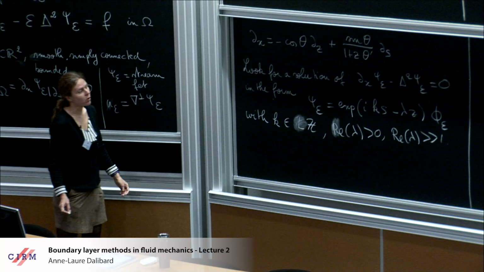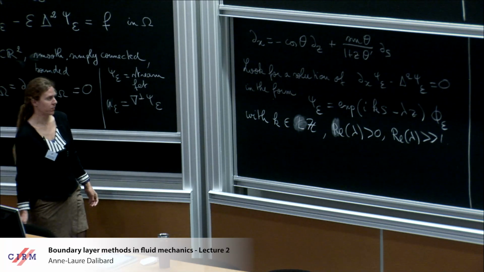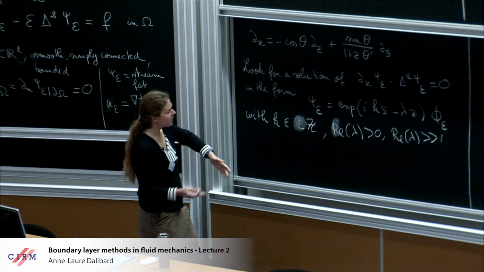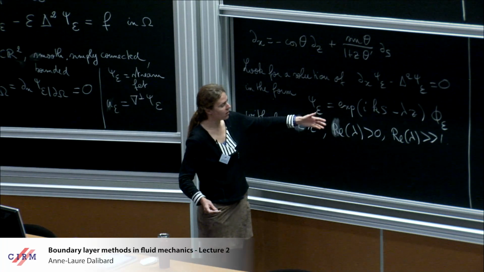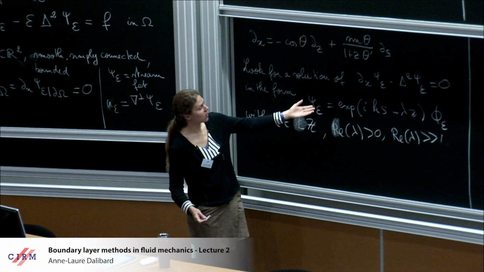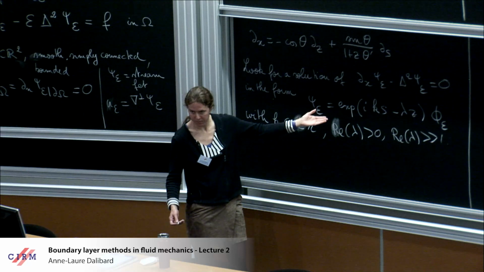But it's more of a Fourier series than a Fourier transform. Okay, so this is what yesterday's theory prompts me to do, and I plug that into the equation and try to find an equation for lambda.